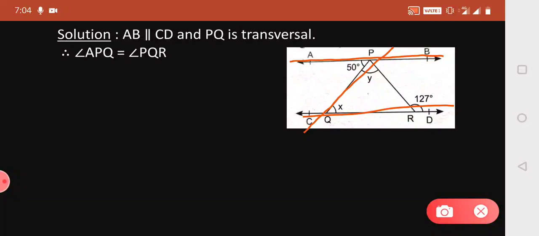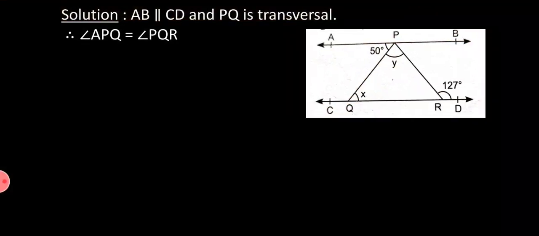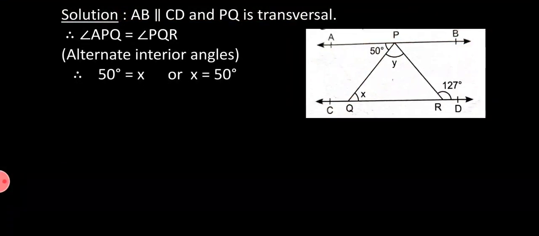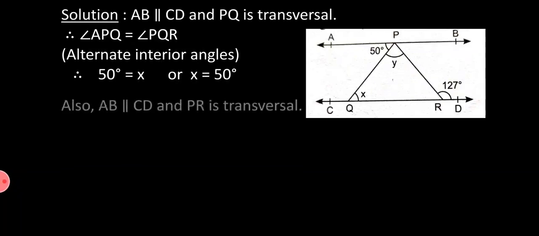So we get angle APQ equal to angle PQR because they are pair of alternate interior angles. Inserting the value, as it is already given in the question, APQ is given as 50 degree. So we write 50 degree equal to x, or we can write x equal to 50 degree.